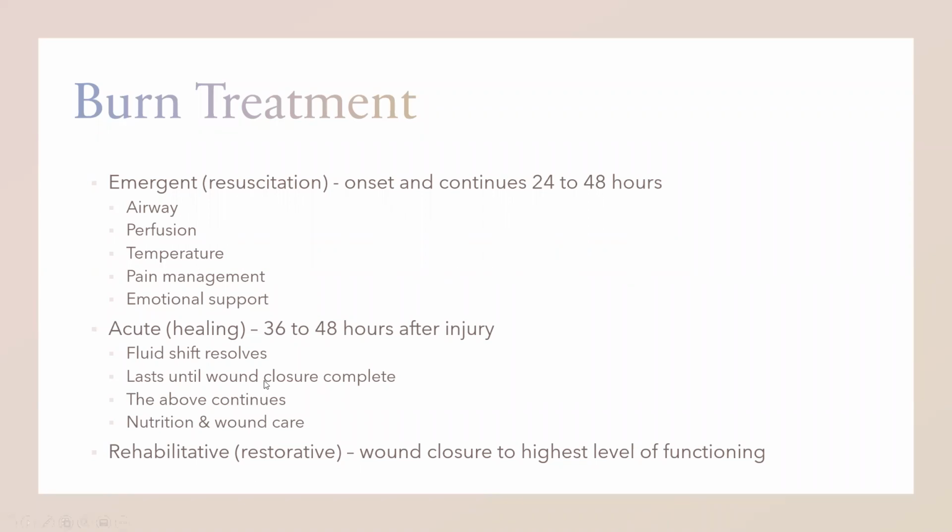Fluid shifts resolve; this says 36 to 48 hours after the injury. Acute healing lasts until the wound closure is complete. All the above continues as well. Airway, perfusion, temperature. You never forget any of that. Those are your ABCs. And then nutrition and wound care.